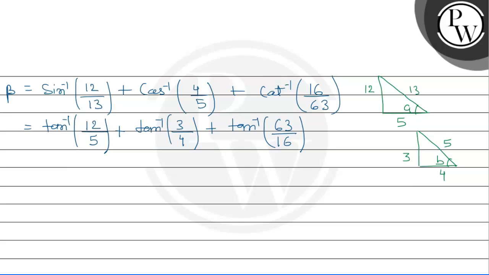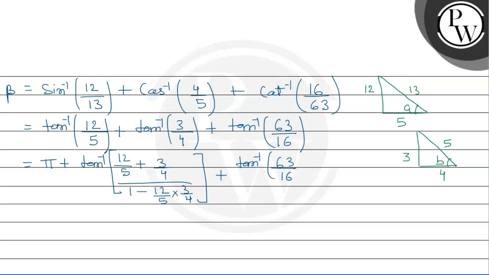So here I will use the identity, because xy will be greater than 1, x will be greater than 0 and y will be greater than 0. So here I will use the identity pi plus tan inverse of (a plus b) means (12 upon 5 plus 3 upon 4) upon (1 minus 12 upon 5 into 3 upon 4), plus tan inverse 63 upon 16 as it is.